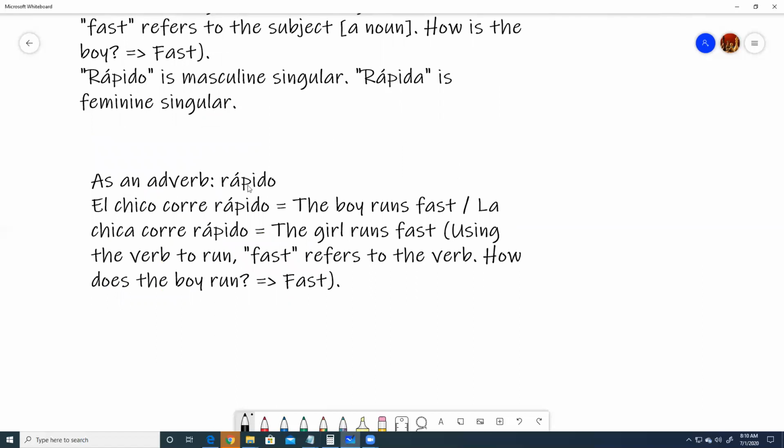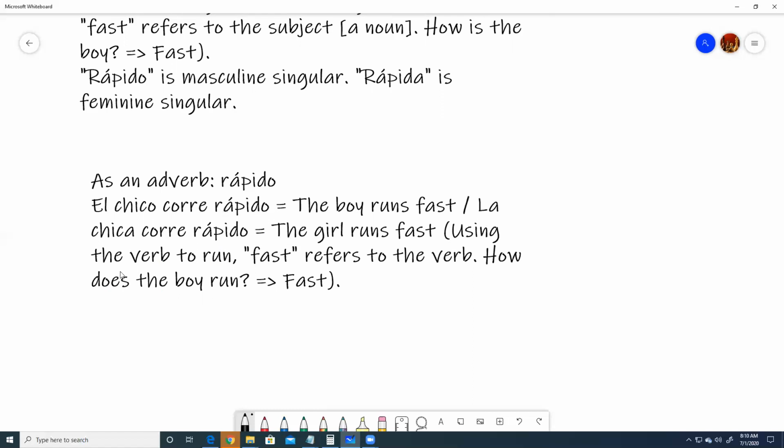As an adverb, there is only one option, rápido. There is no feminine, no plural, just the word rápido. El chico corre rápido. The boy runs fast. And la chica corre rápido. So you can see that it doesn't matter if the boy or the girl runs fast. In Spanish, rápido is not changing. El chico corre rápido, la chica corre rápido.